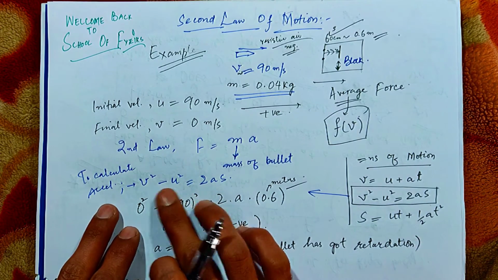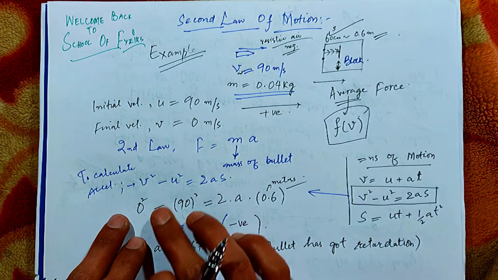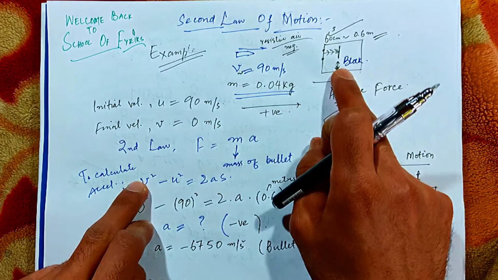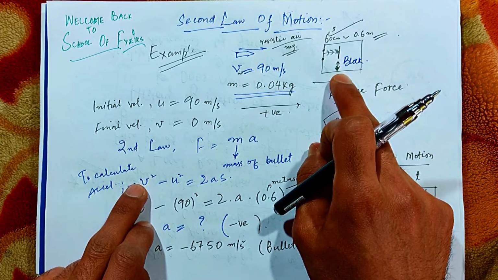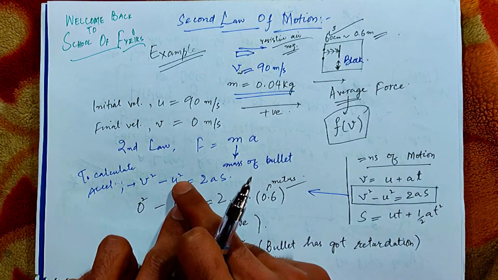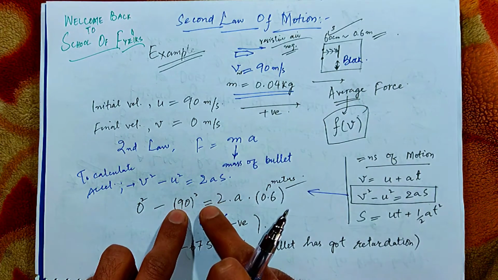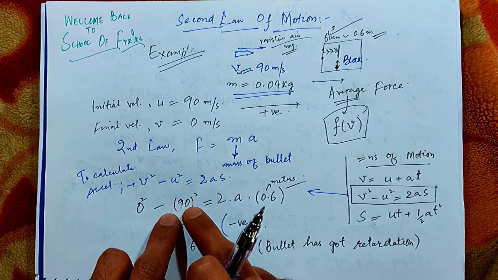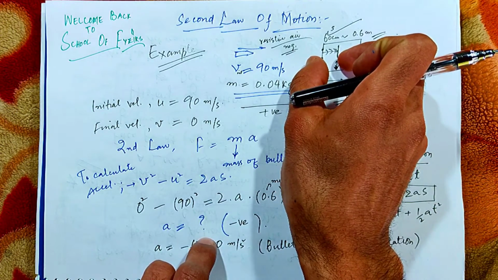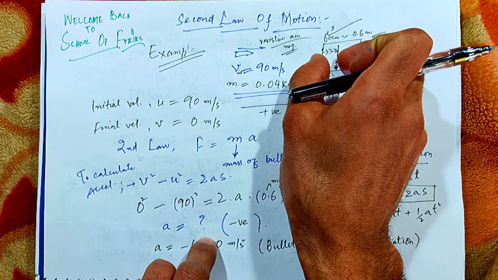So we are using this very equation here, and upon substituting the values of v, the final velocity, which is 0 because the bullet is stopped ultimately, and the initial velocity with which the bullet was first moving, which is 90 meters per second, and s, the distance up to which the bullet ultimately stops.